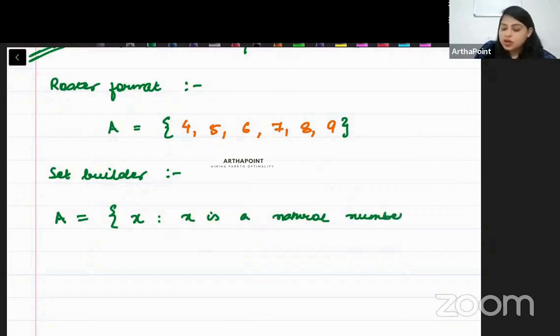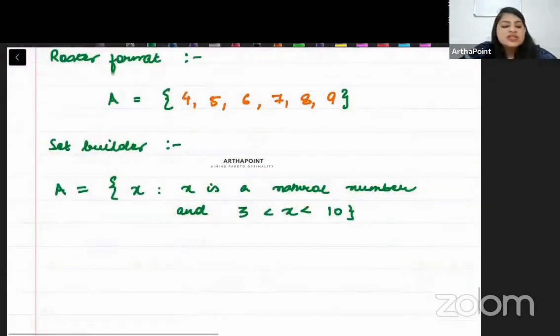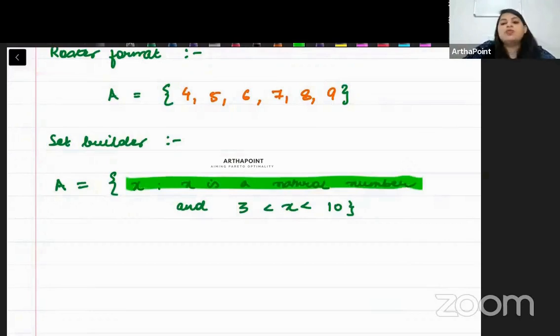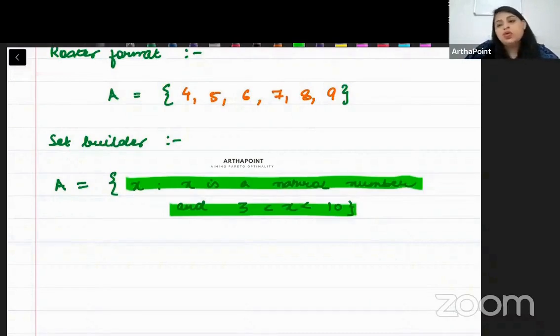X must be a natural number, and I want this to be between 3 and 10. So this is a set builder format. क्या कर रही हूँ मैं इसमें? I am saying I want all x's such that x is a natural number and x should be between 3 and 10. So this becomes your set. I hope this is clear to you.